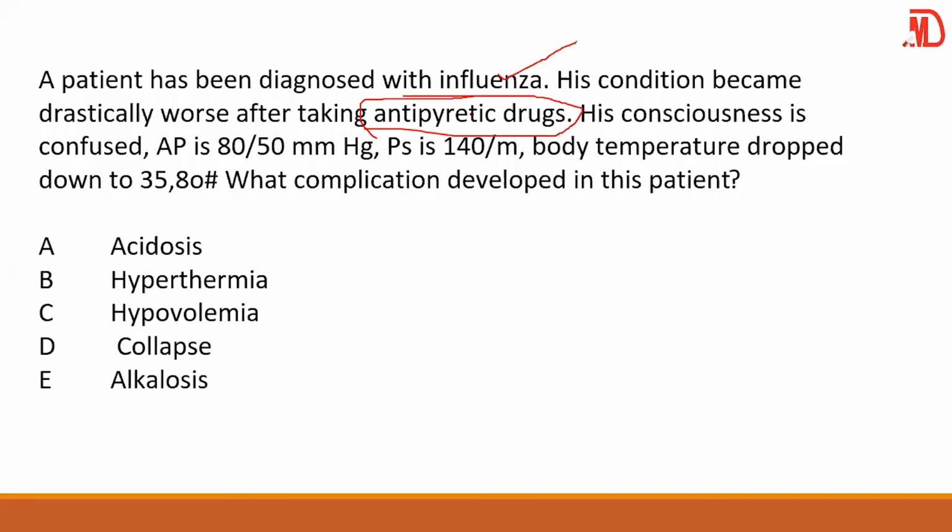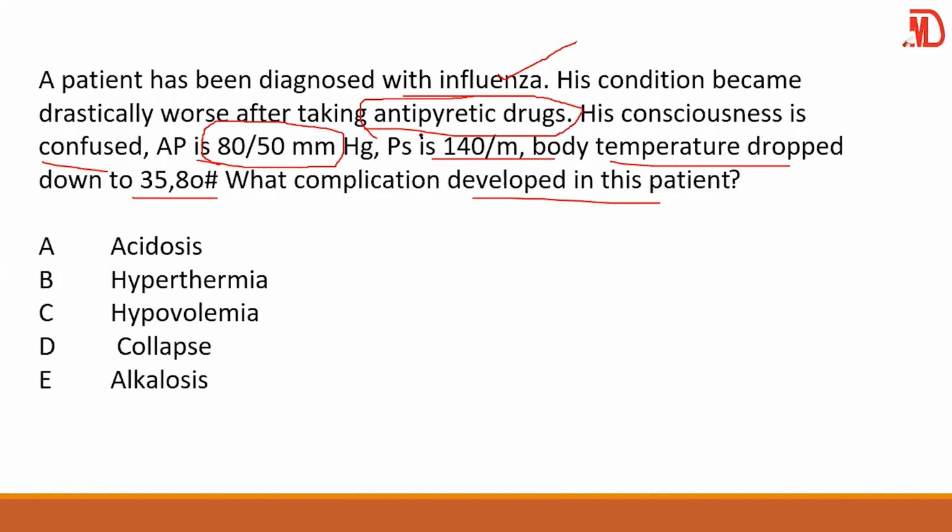Now his consciousness is confused, so now we're having CNS manifestation. Look at this: shock, 80/50, pulse 140, body temperature has dropped to 35. That means the person is even beginning to shiver. What complication has developed in this patient?